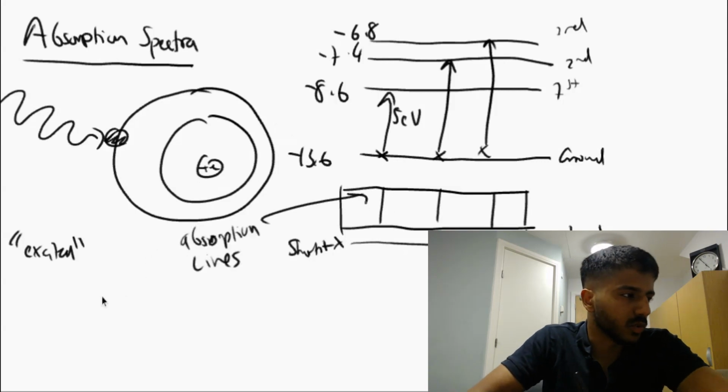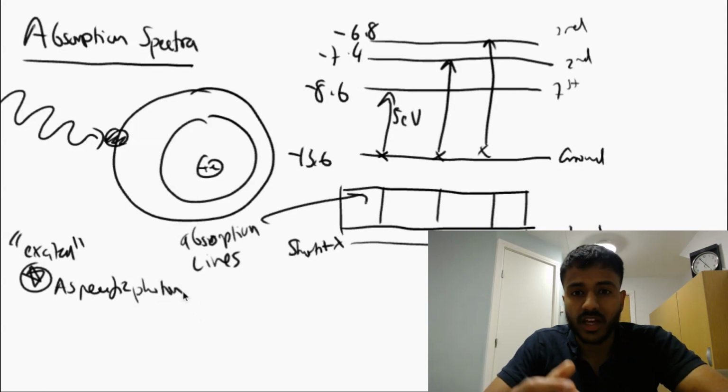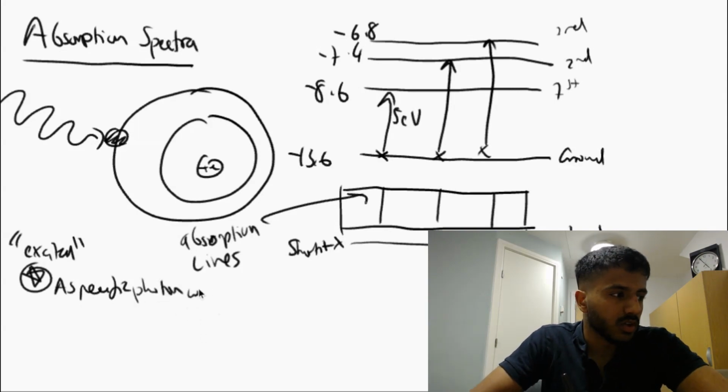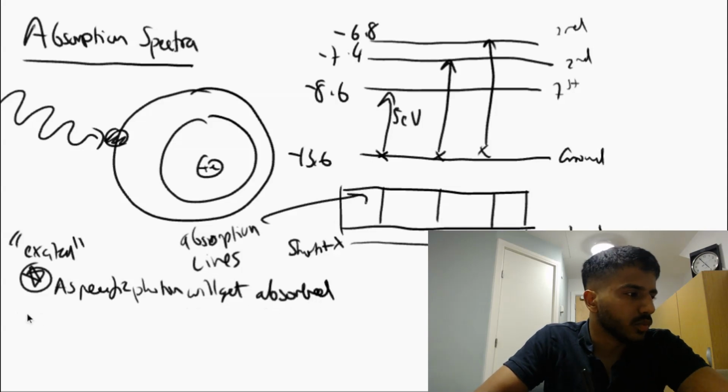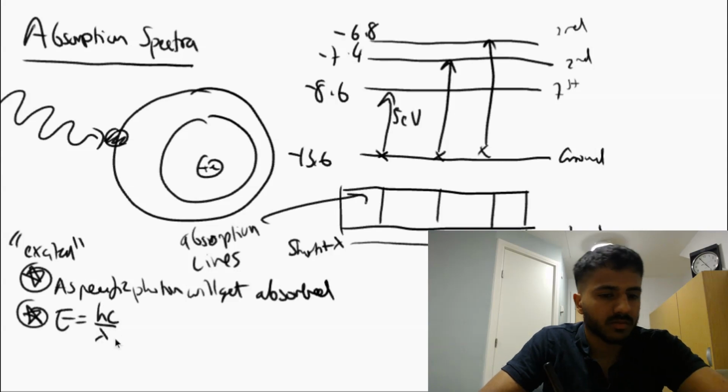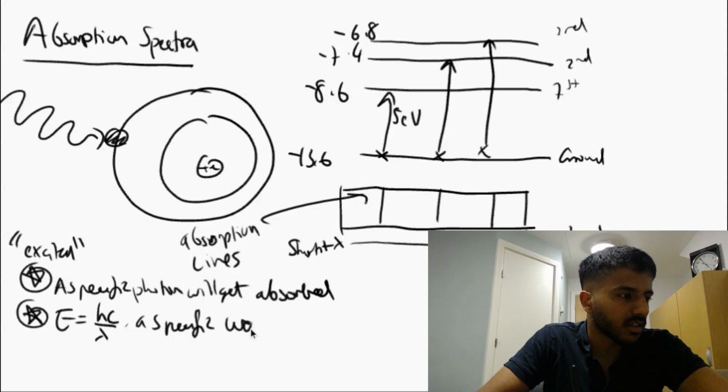This is because a specific photon with a specific energy will get absorbed. And we know that energy is equal to hc over lambda. So therefore, a specific wavelength must be absorbed.